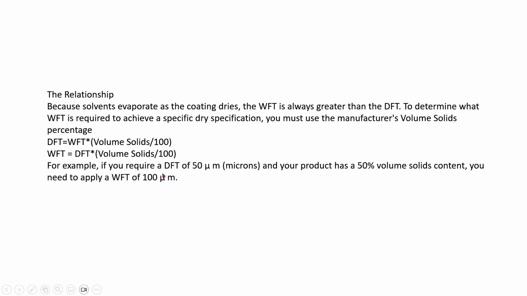For example, if you require a dry film thickness of 50 micron and your product has 50% volume solids, then what will the wet film thickness be? 50 divided by 50 into 100, that is 100. So 100 micron will be your wet film thickness.